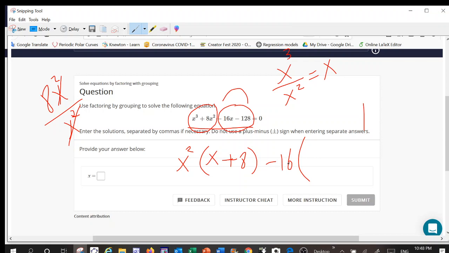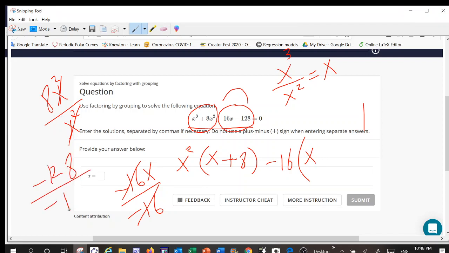So minus 16. So what is minus 16x divided by minus 16? Well, it would be x. And what is minus 128 divided by minus 16? That would be plus 8.